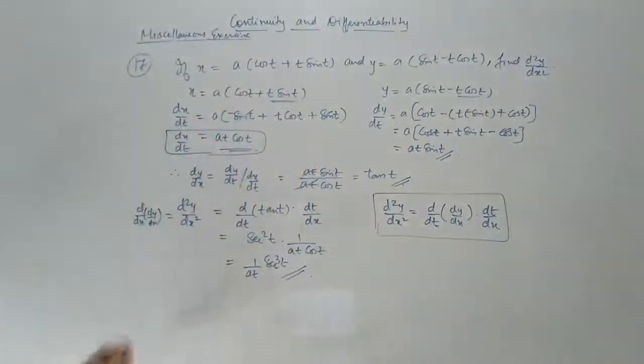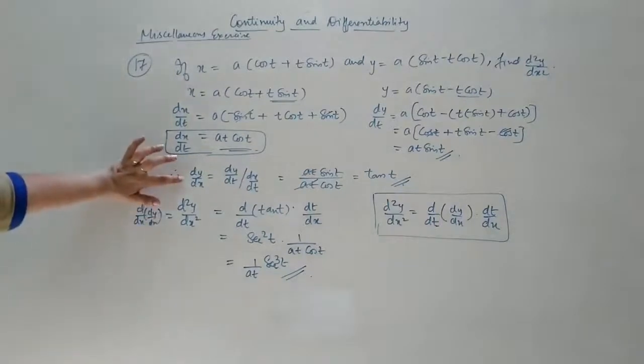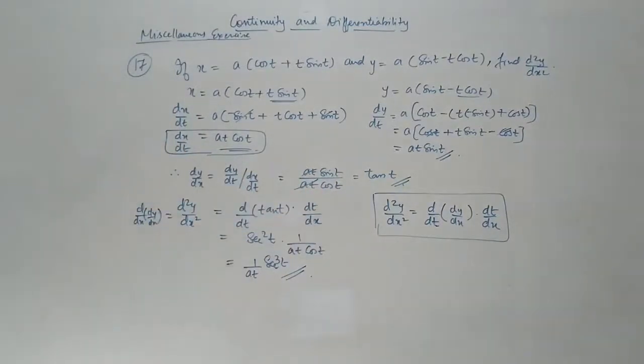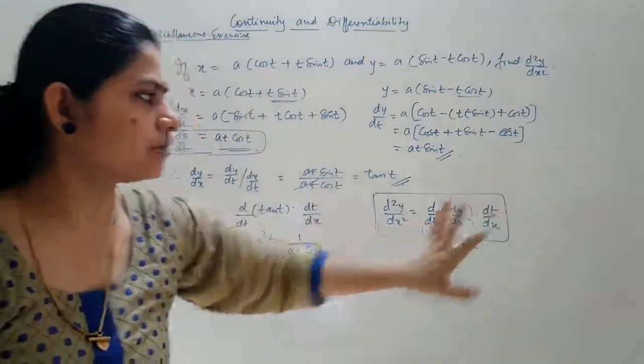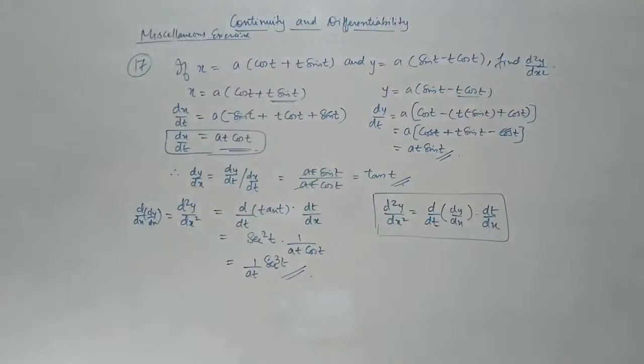That is, d square y by dx square is equal to d by dt of whatever you have got as the y dash or dy by dx, into dt by dx. If it is in terms of theta, you will write d by d theta of, and here it will be d theta by dx.